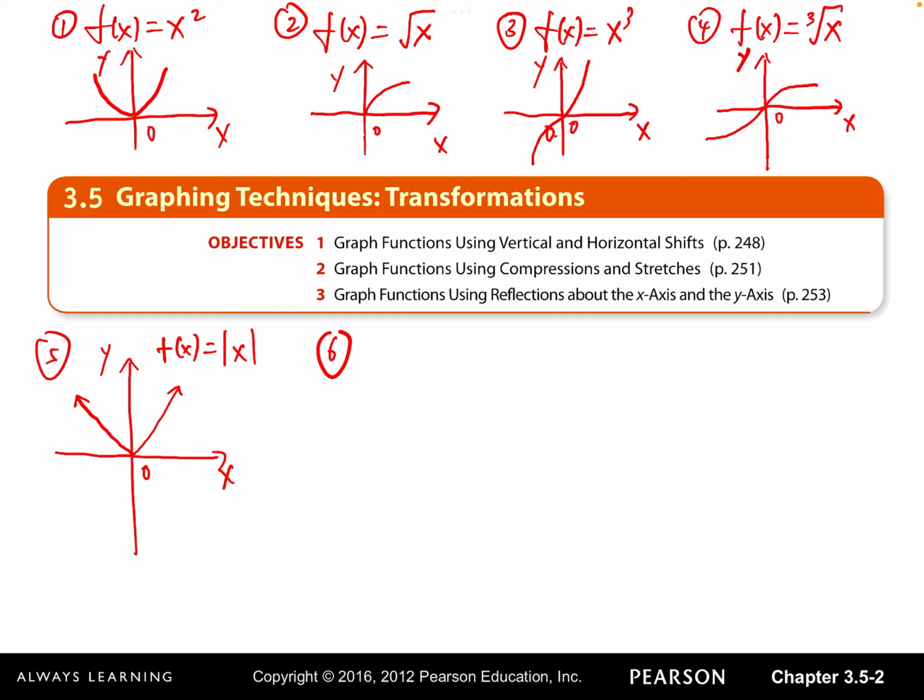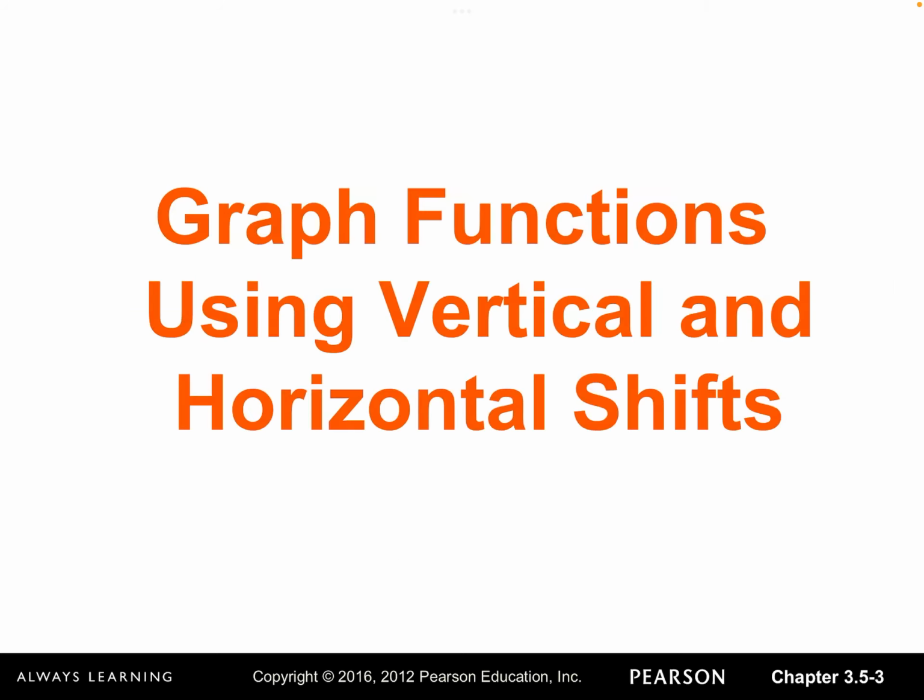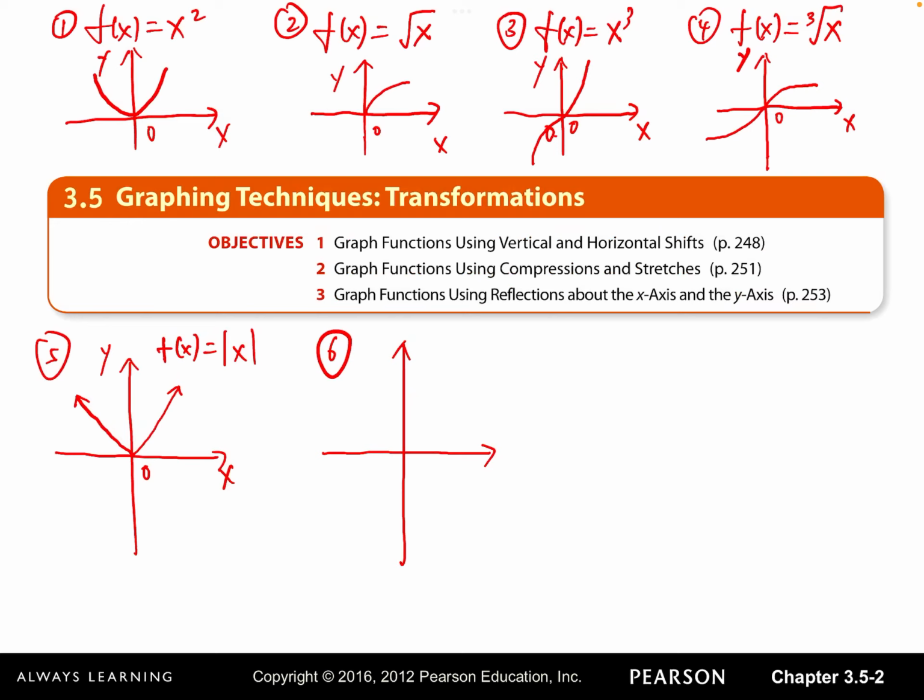And memorize the absolute value function with the identity function together, because half of the absolute value function actually is the identity function. So the identity function goes like that.